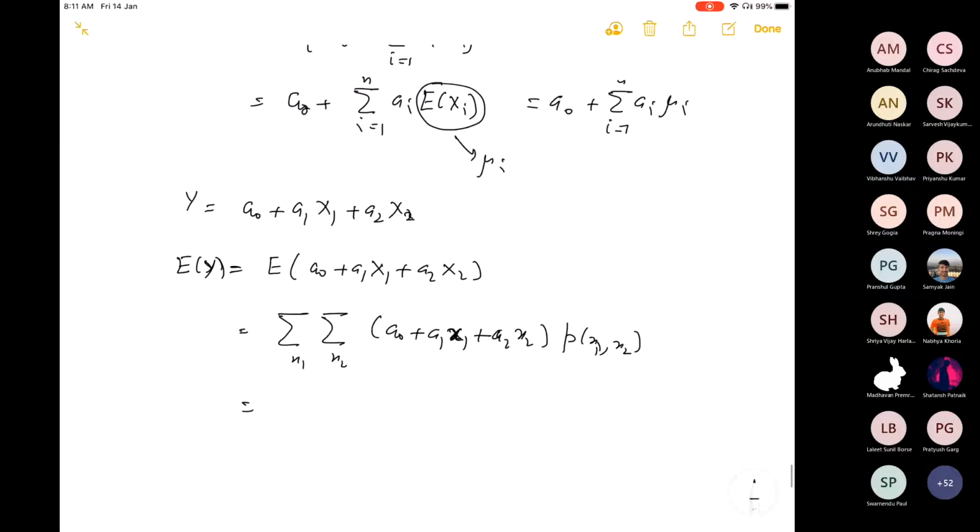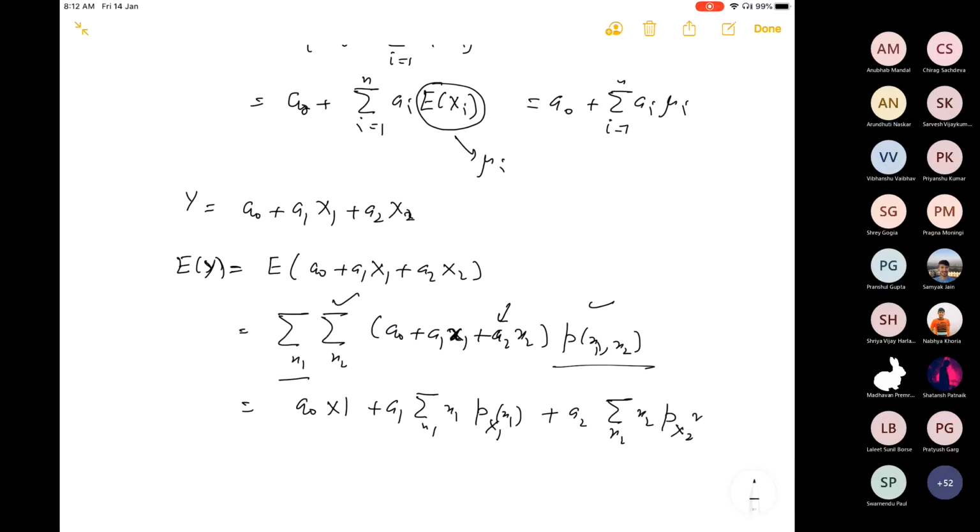So a naught times the double summation of the joint density, that will be 1, plus a1 times the summation over x1 of x1, summing the joint density over x2, that will be the marginal of x1, plus a2 and the summation over x2 of x2, summing the joint density over x1, we will get the marginal of x2.